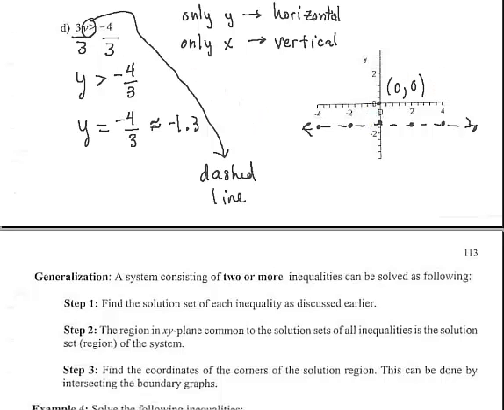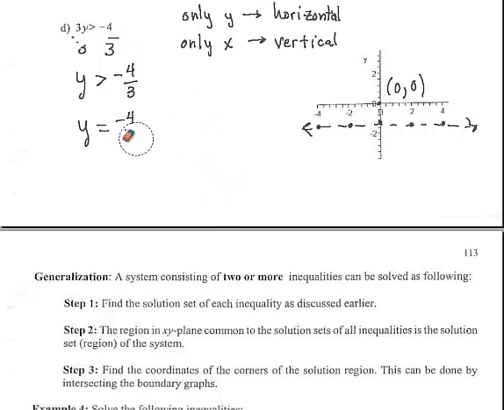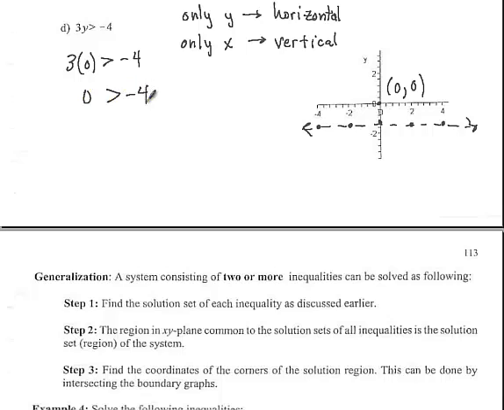We go back to the original inequality. This only depends on y, so I plug in the y coordinate, 0. Is 0 greater than a negative 4? Well, no it's not. It's the other way around, and so that means we shade this region below the line. And we're done.